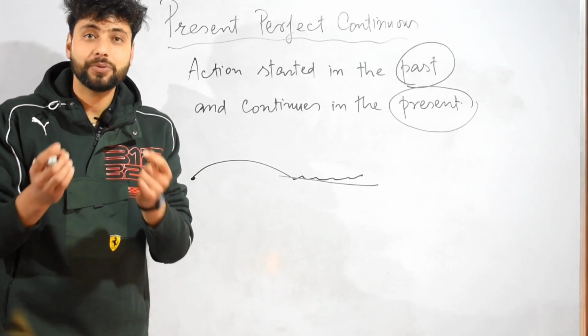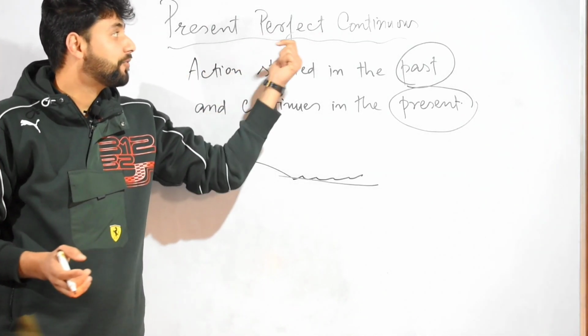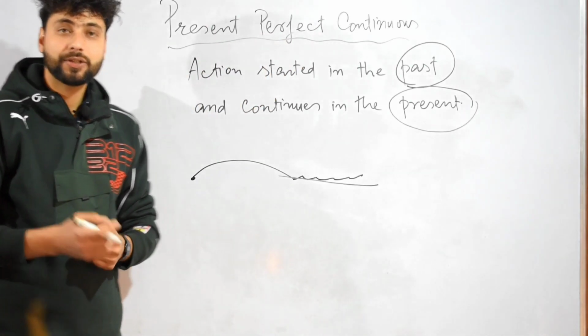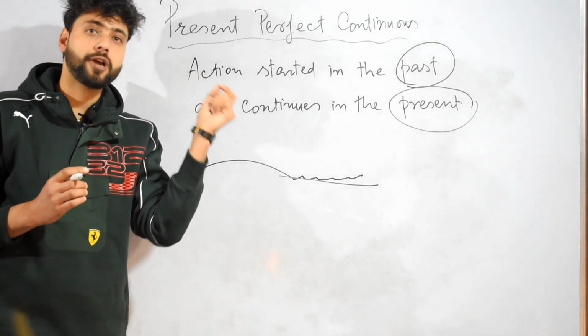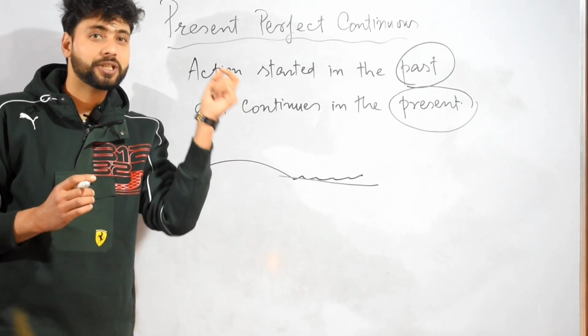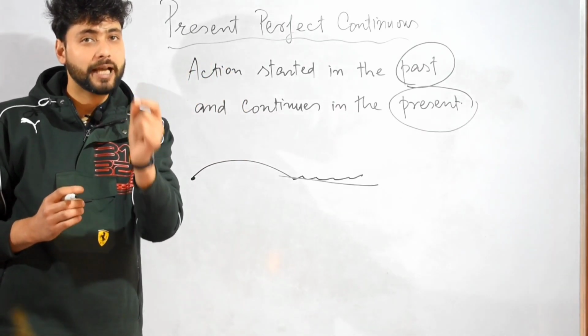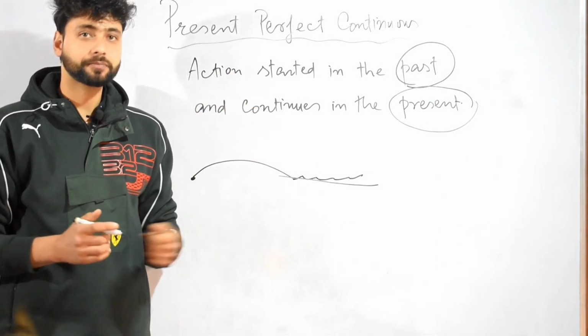This is how you express your sentences in present perfect continuous. So you have started your work from somewhere in the past, but you are still performing that action. That is present perfect continuous.